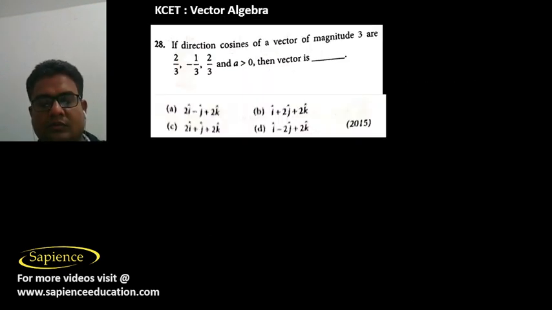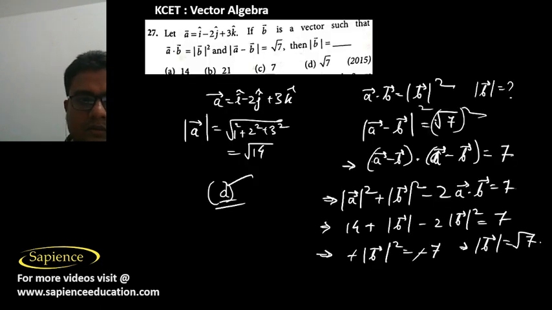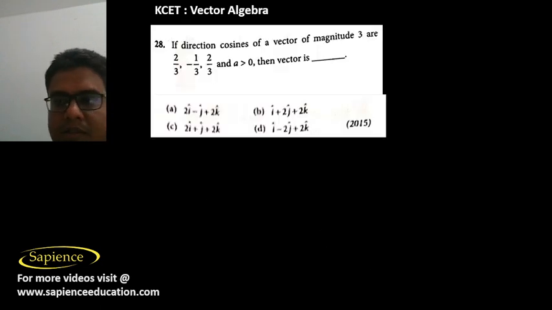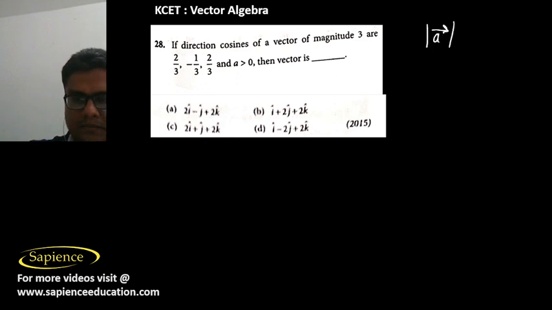In question number 28, it is told that direction cosines of a vector of magnitude 3 are 2 by 3, minus 1 by 3, 2 by 3.